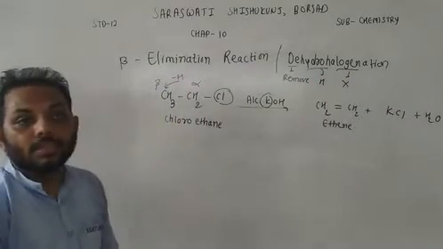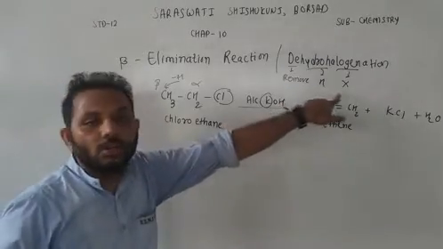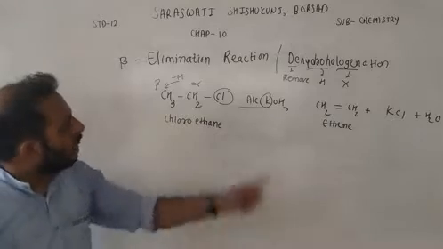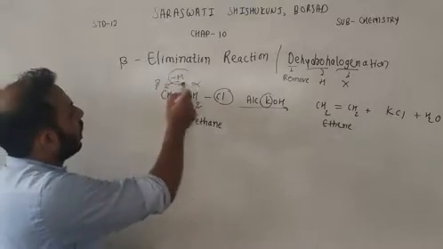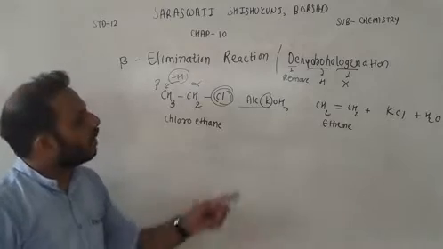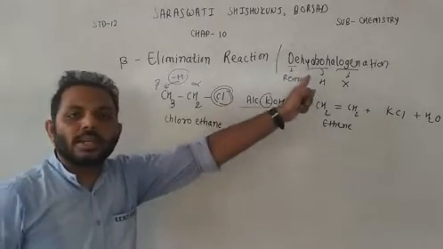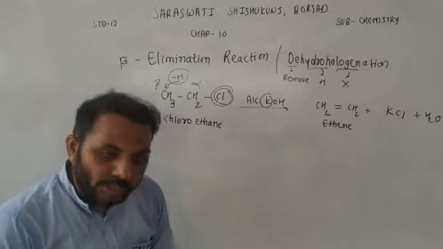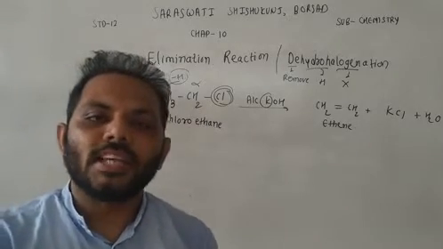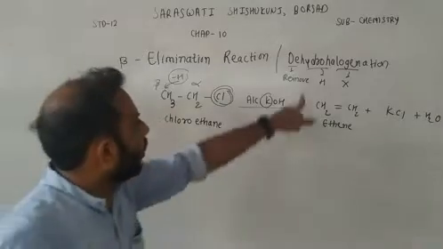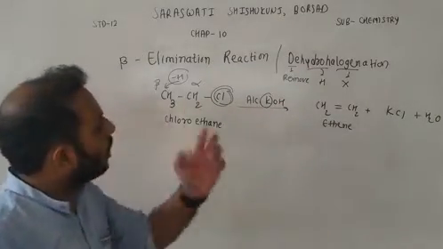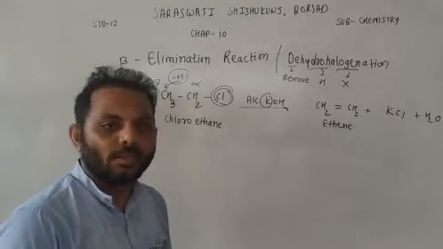So in this reaction, hydrogen and halogen both are removed, both are eliminated. That is why it is also known as dehydrohalogenation. So in the exam, a question can be asked like write a note on beta elimination or write a note on dehydrohalogenation. Both are the same thing. Okay, let's understand this in detail by one more example.